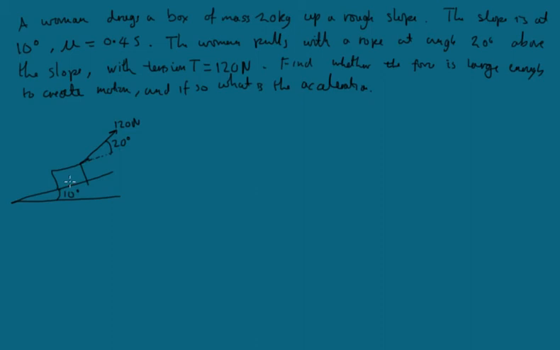Now, we've got our normal contact force R, and we've got the weight of the box coming down here, and that's 20 g. And then let's assume friction is going to be coming down the slope, and it's mu times normal contact force. So we're assuming this direction of motion up the slope.